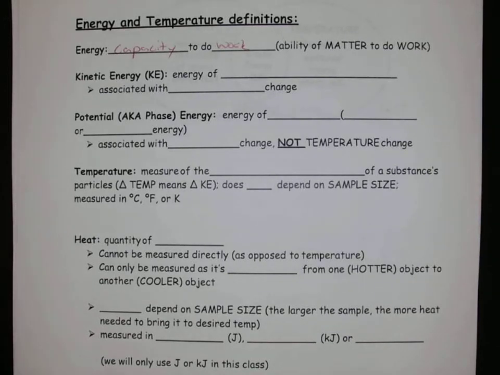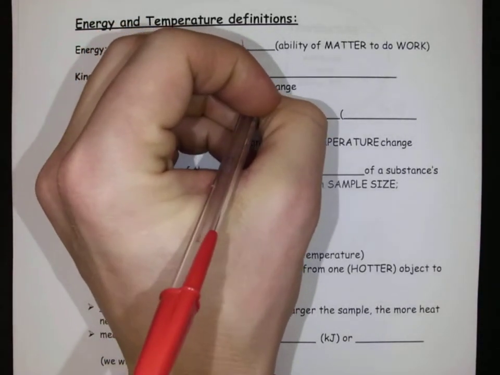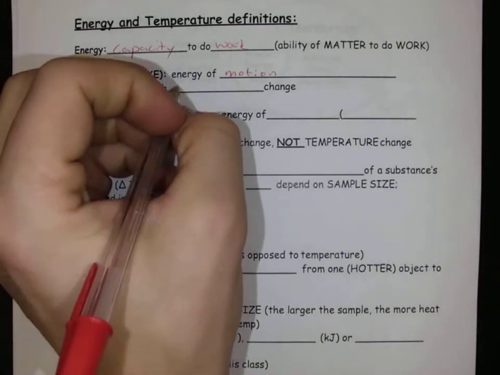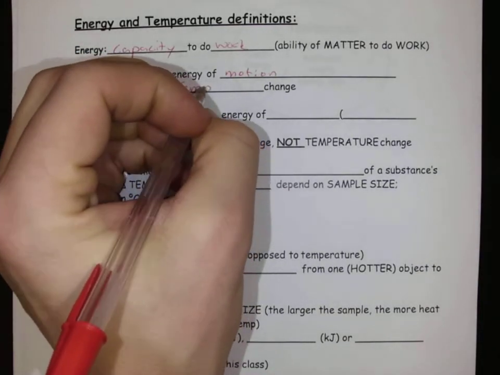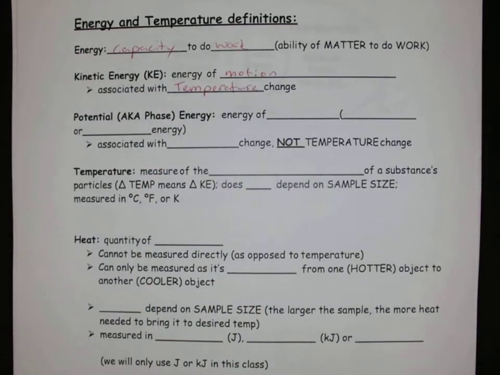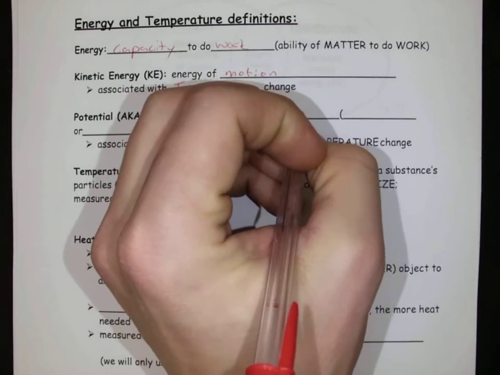So kinetic energy is the energy of motion, right? We probably know this from middle school. It's associated in chemistry with a temperature change, okay? Potential energy is the energy of position, okay?